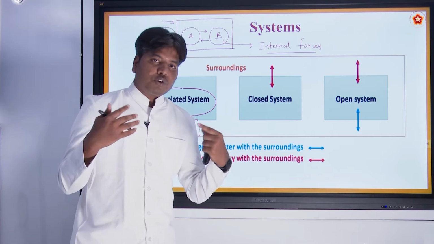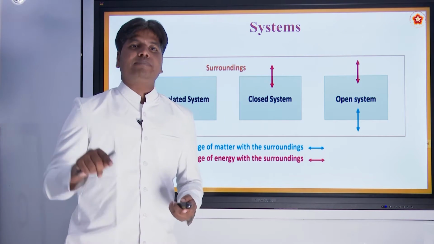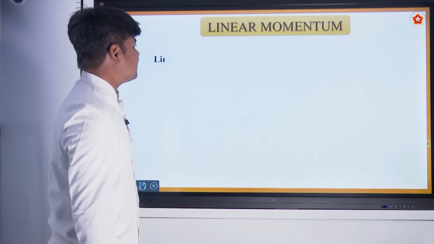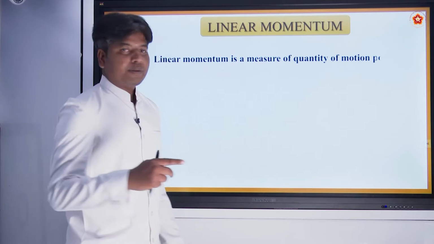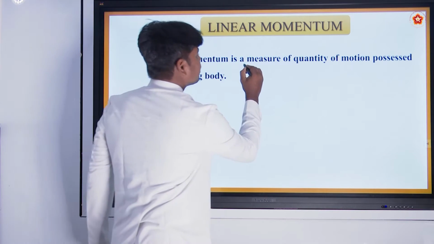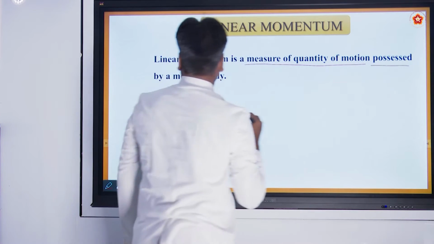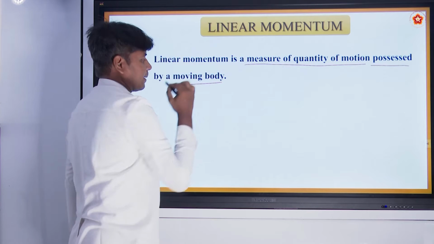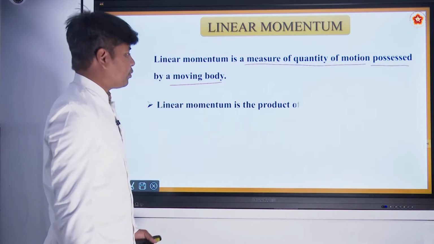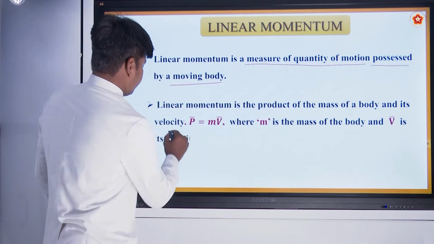So before we go to the conservation of linear momentum, let us recap what linear momentum is. Linear momentum is the measure of quantity of motion possessed by a moving body, which I have already studied. It is the product of the mass of the body and its velocity.